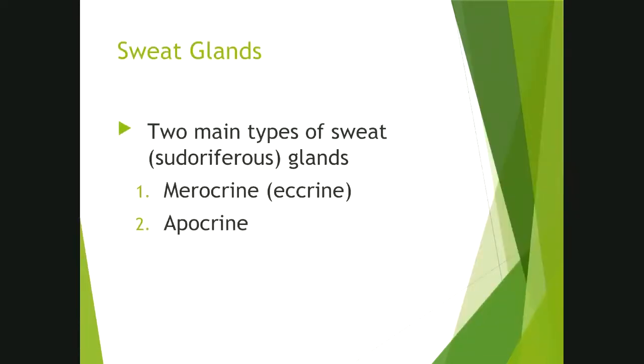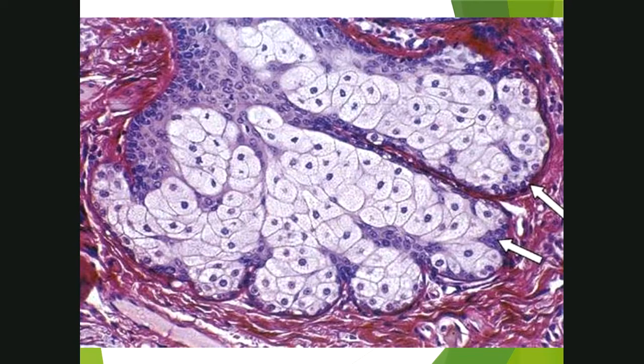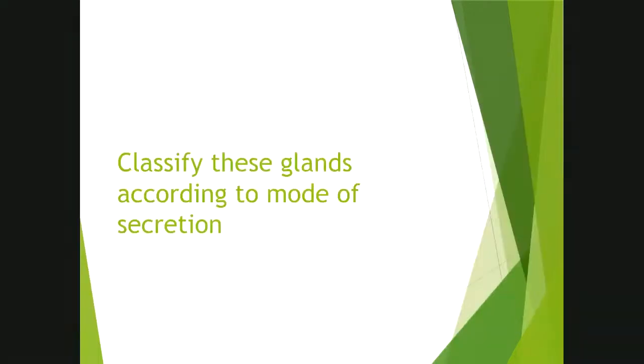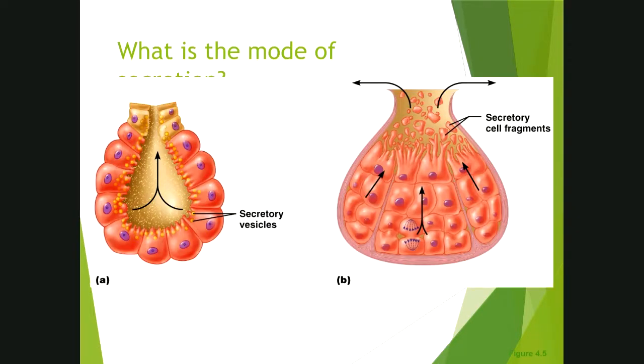Okay, any questions about how to pick the different ones out? So we have two ways of classifying glands, and every gland can be classified both ways. If we go back to this gland here and we look at the shape of it, what shape does that look like to you?